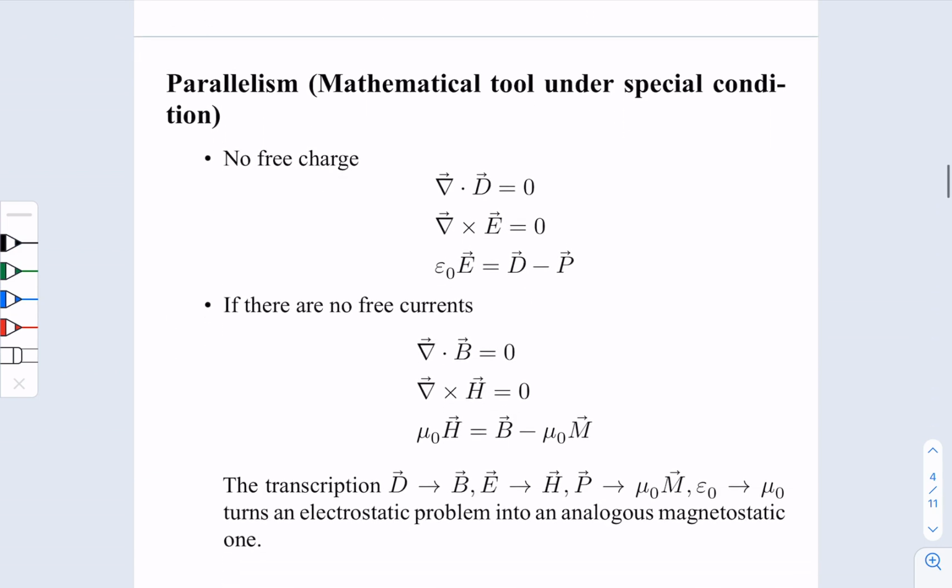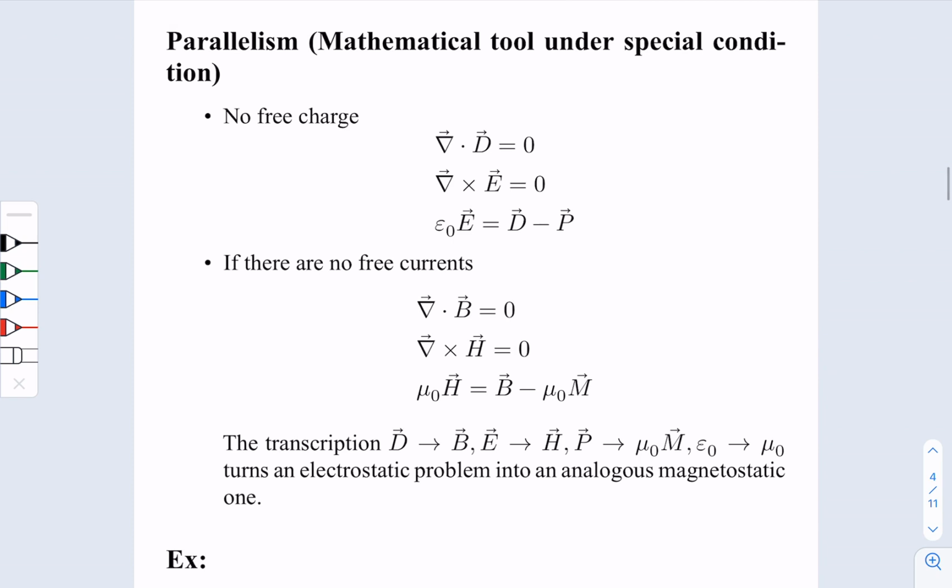Okay, now let's discuss a bit more about the parallelism between the electric field and the magnetic field. I want to emphasize that this is simply a mathematical tool, and it's valid only under special conditions.